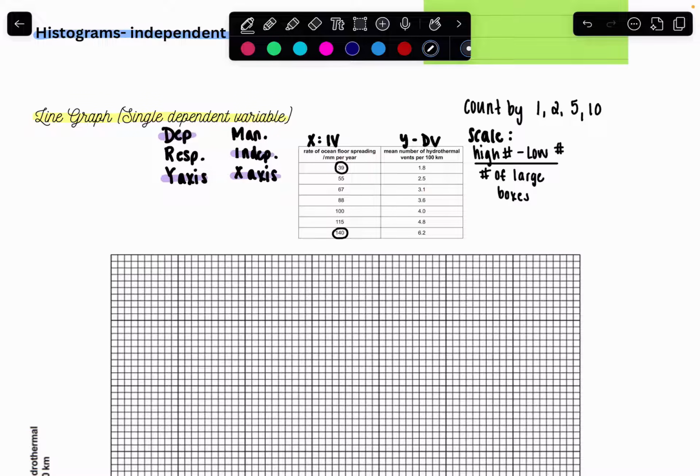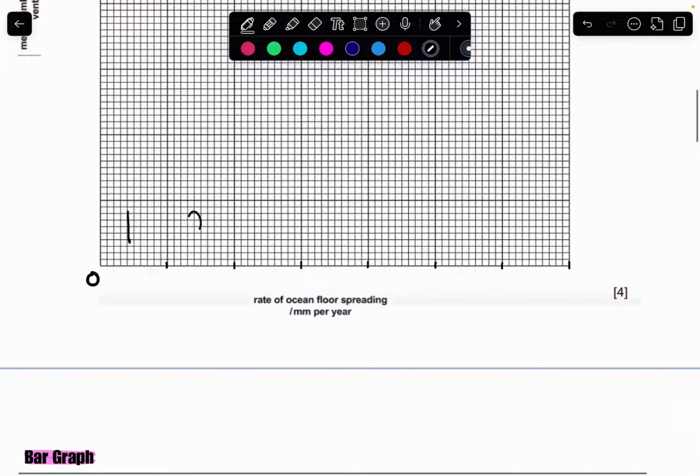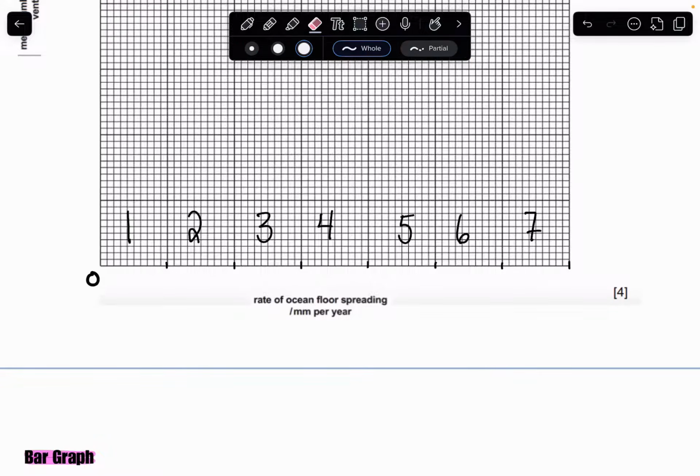So let's make this easy. How many large boxes do we have across the bottom? We have 7, so that's what we're going to follow. You can do 8 hashes, which are the darkened lines that we wrote a little hash for, or you can do large boxes.